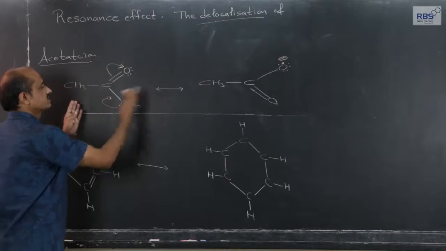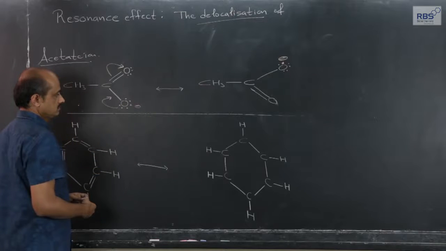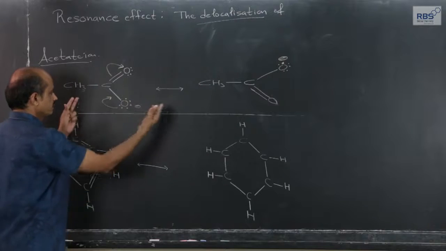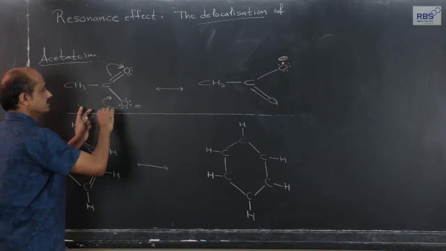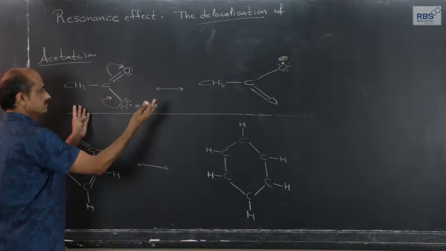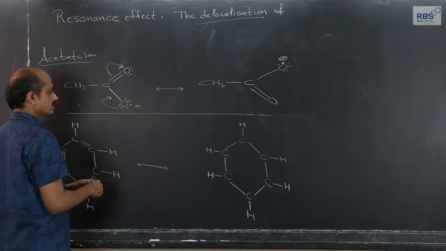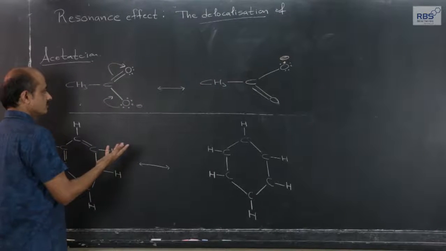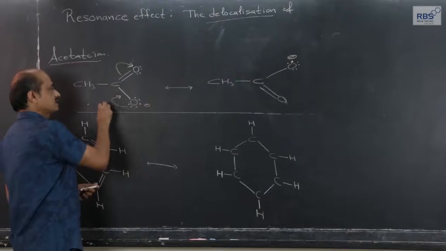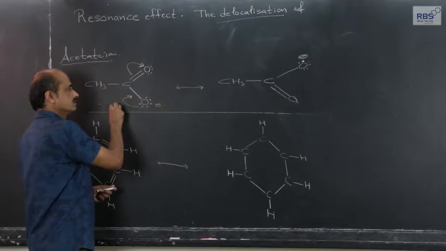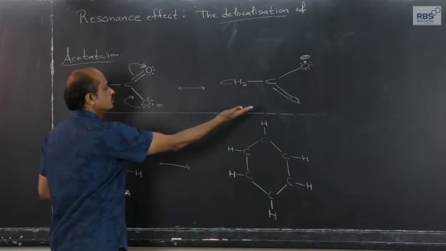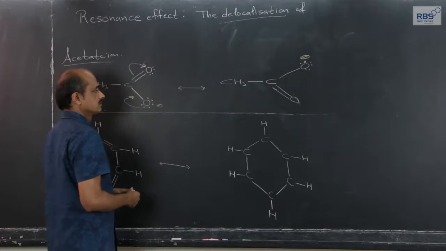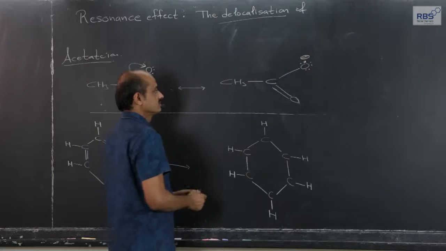These two structures which we are observing on the board can be represented in such a way that this structure can be used to write that structure, or that one can be used to write this structure. The same thing I will carry out.